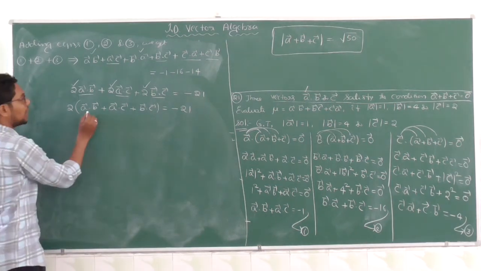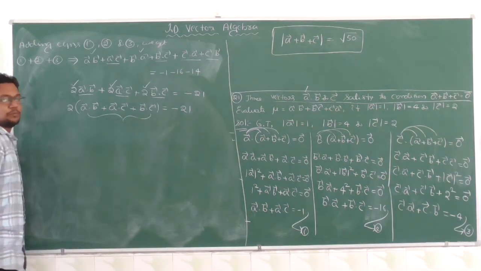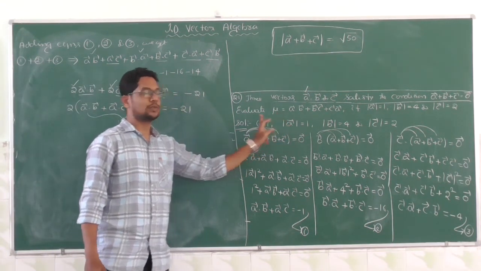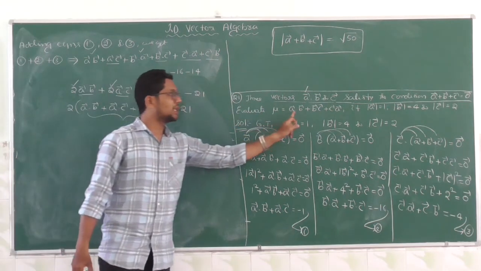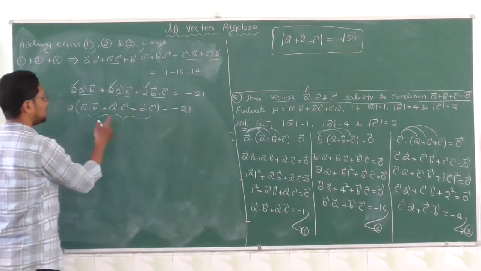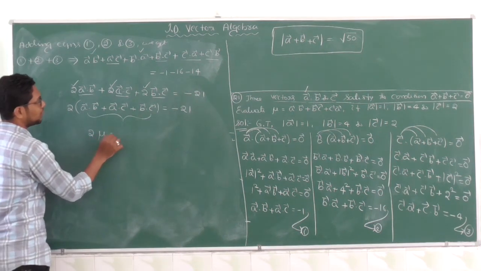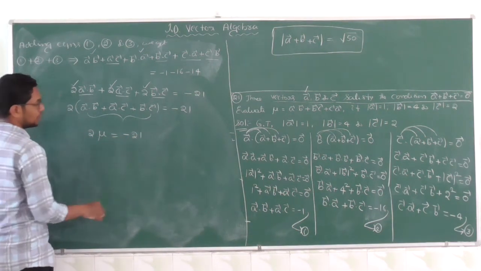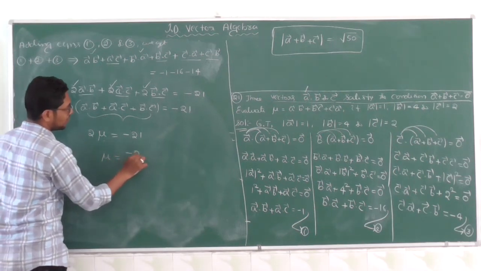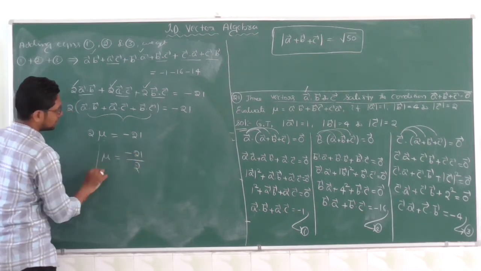Next, what about A dot B, A dot C and B dot C? That is given in the problem. He defined it as the quantity mu. I am substituting this one. That is 2 mu equals to minus 21. Now I want the value of mu. Mu equals to minus 21 divided by 2.